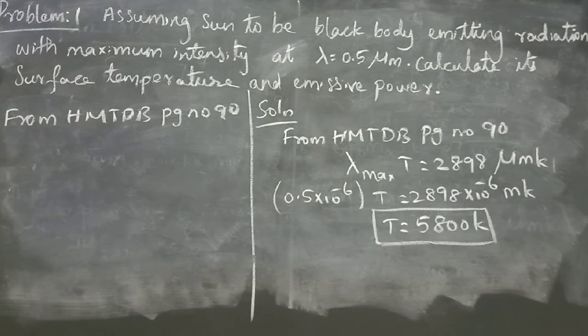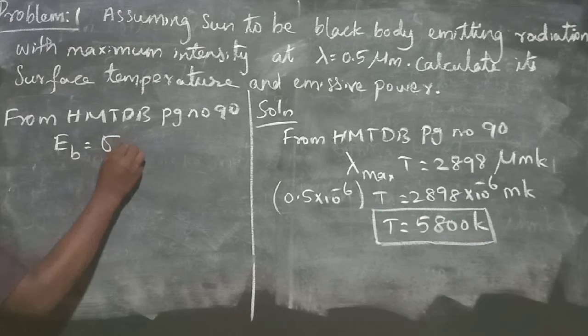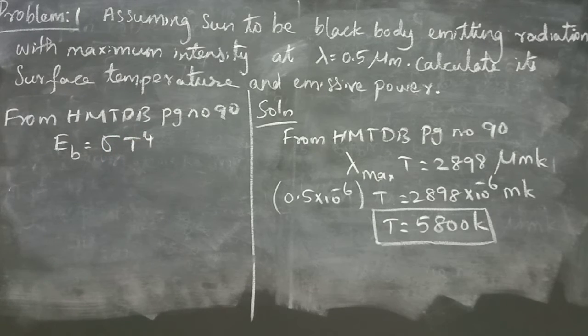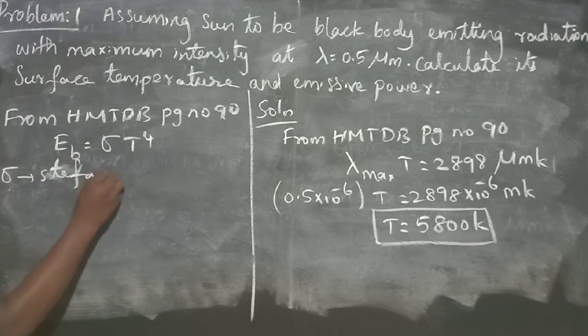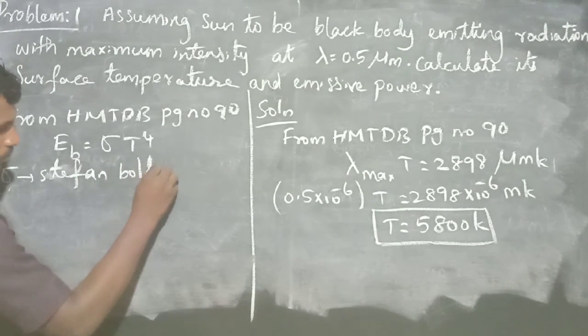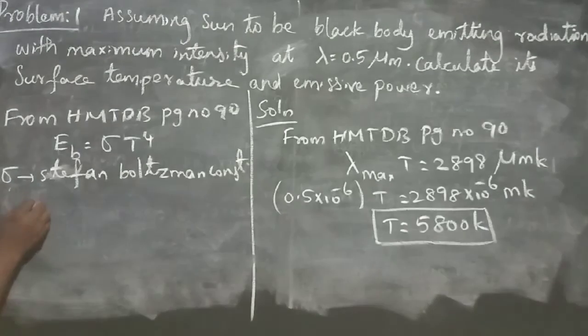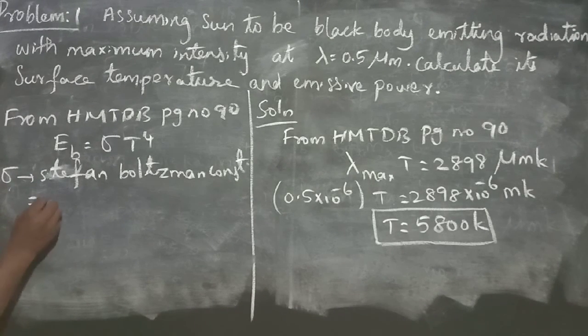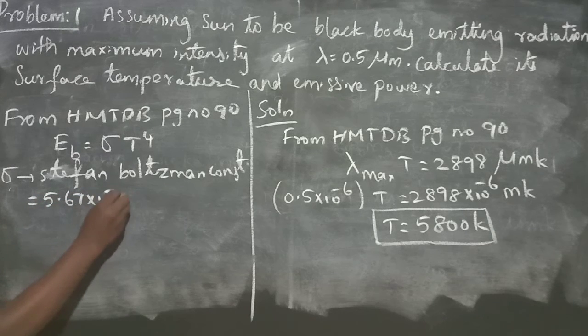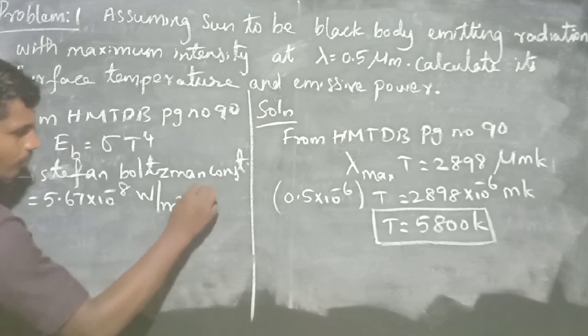The emissive power is equal to sigma T power 4, where sigma is the Stefan-Boltzmann constant, 5.67 into 10 power minus 8 watt per meter square Kelvin power 4.